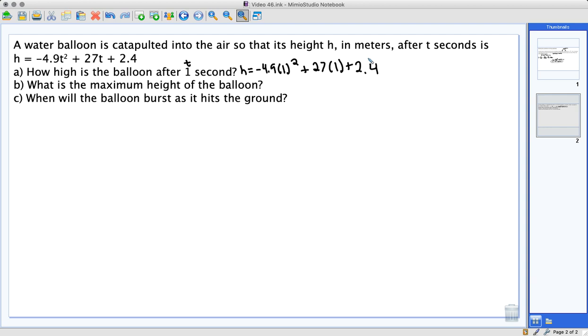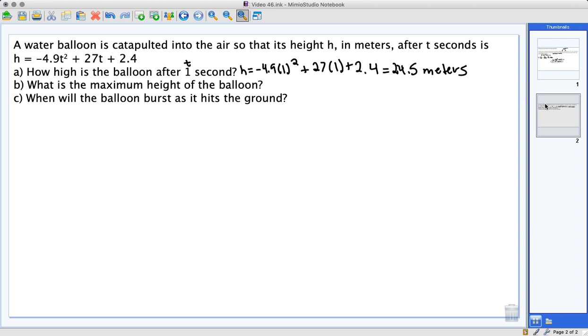So I get 24.5. So it is 24.5 meters in the air after 1 second.